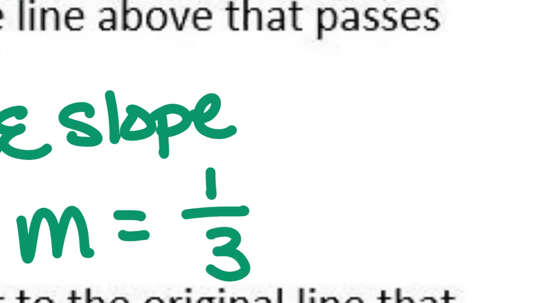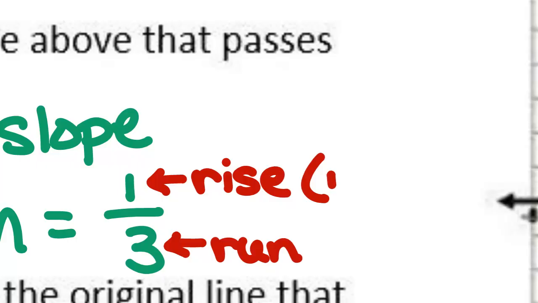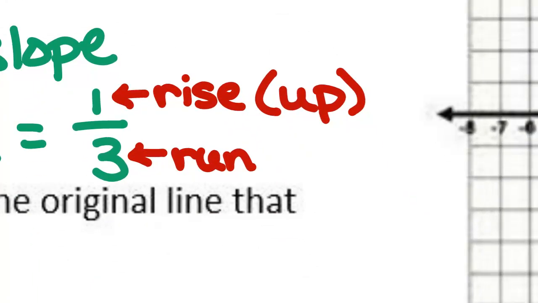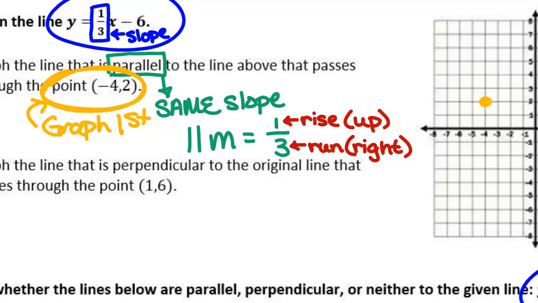That numerator is my rise, and the denominator is the run. Since the rise is positive, that's how much we're going to go up. If the rise was negative, we would go down. Since the run is positive, we're going to go to the right. If the run was negative, we would go to the left.